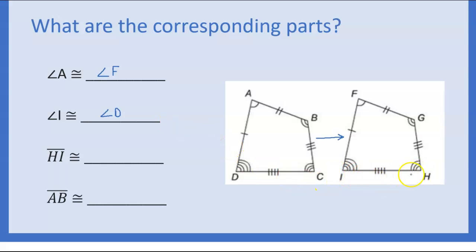This line segment right here. Well, it corresponds to this line segment here, CD. And finally, line segment AB, what does that correspond to? So AB, line segment AB is right here, corresponds to line segment FG up there. So that's what we mean when we're talking about corresponding parts.